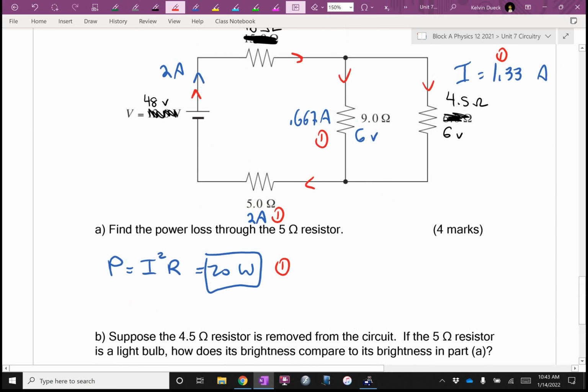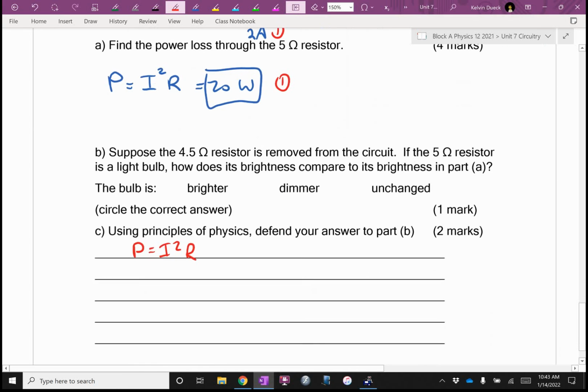What happens when I remove a resistor in parallel? What happens to R total? What happens when you add a resistor in parallel? What happens to R total? When you add a resistor in parallel, actually R total gets smaller. So when you remove in parallel, R total increases. So you ready? I would say this.